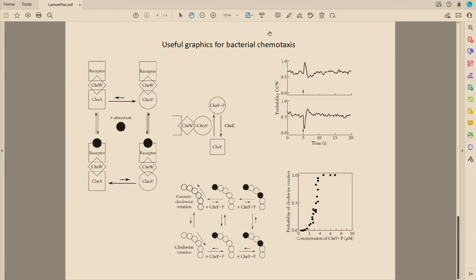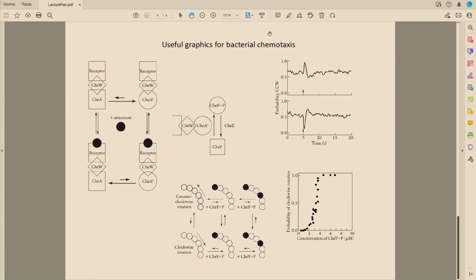So the whole story is that this is a chemical scheme. What happens when the receptor actually binds something? Even if it's not binding something, it is flipping back and forth between being activated or not activated, causing the motor to flip back and forth between clockwise and counterclockwise. You want that flipping to be modulated by the binding of an interesting molecule to the receptor.